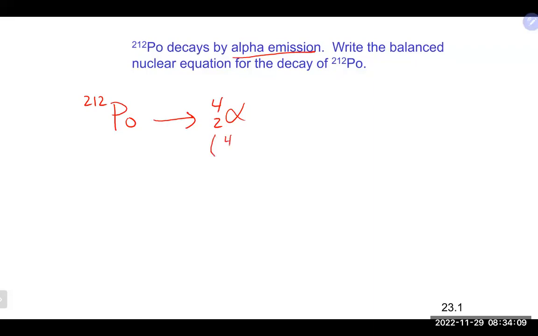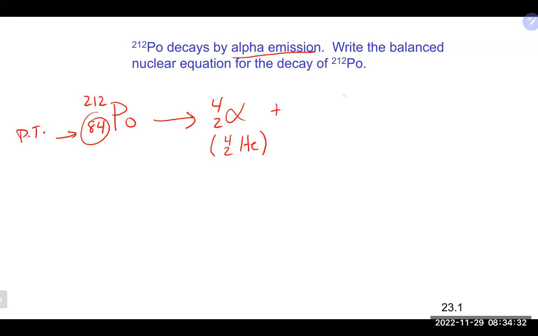You also could have used helium as well, which is an acceptable symbol for alpha. If you're not sure, you would then go to the periodic table, you would find Po, and that would give you the atomic number from the periodic table, which is 84.